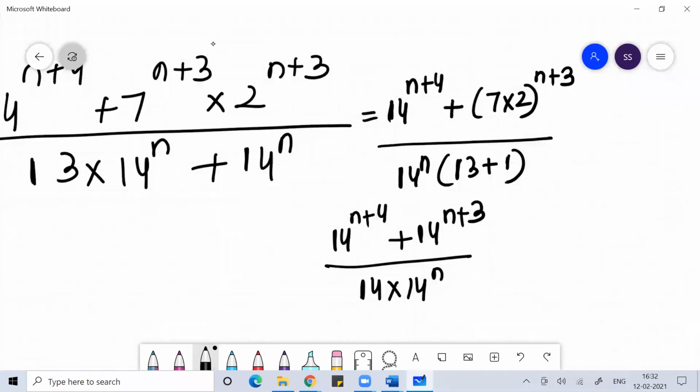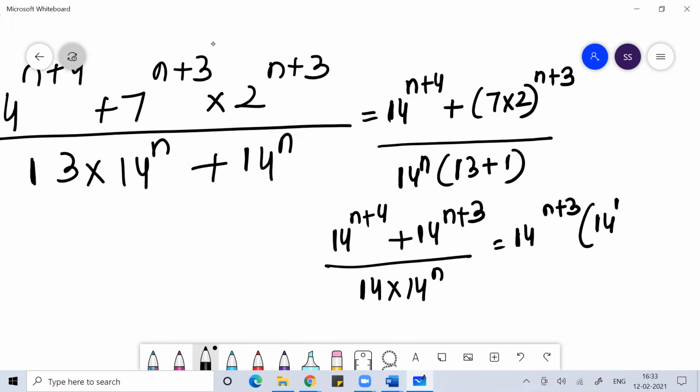Now here I can take 14 to the power n plus 3 common. So I'll get 14 to the power 1. 14 to the power n plus 4 is nothing but 14 to the power n plus 3 into 14 to the power 1.